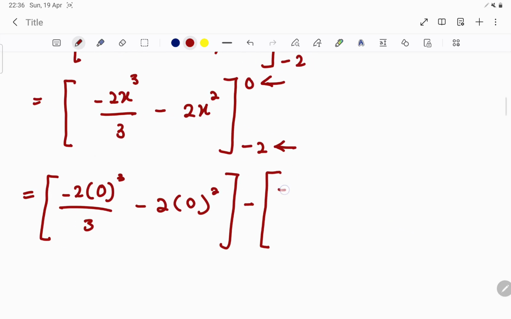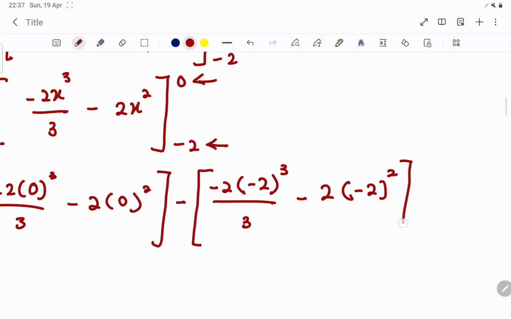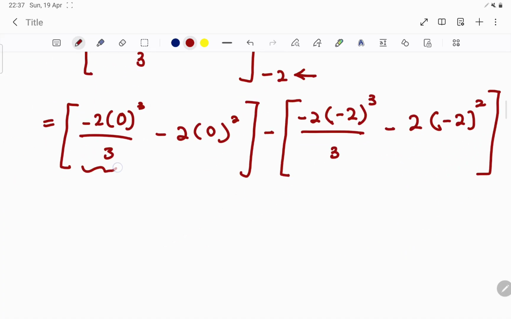Here don't forget the negative symbol, you put negative 2 to the power of 3, divided by 3, minus 2 multiplied with negative 2 to the power of 2. And then inside this first part you get 0. So it is equal to 0.